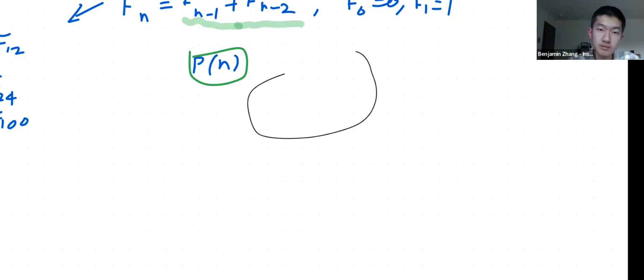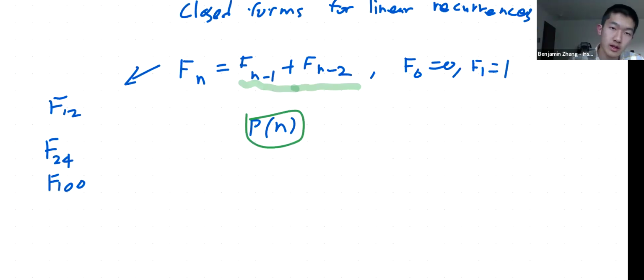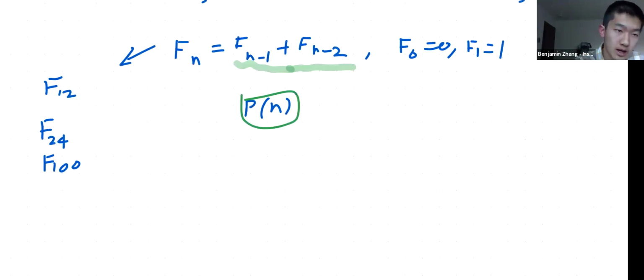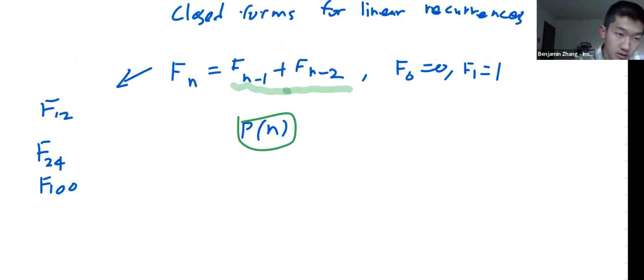Okay, so the way characteristic polynomials work is that instead of considering these as recursions, we consider r to the n, where r is some real number.